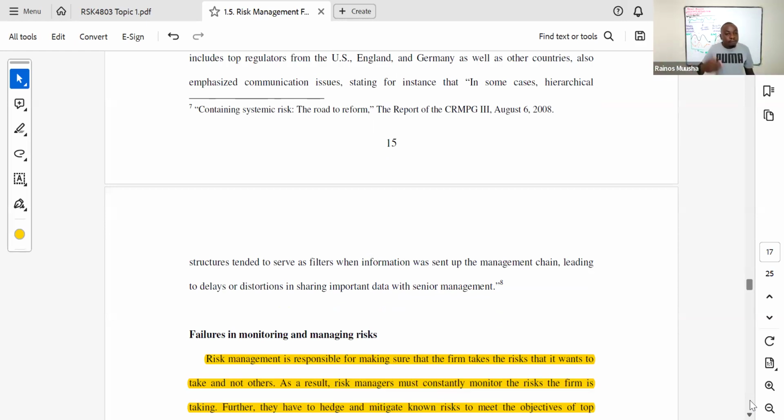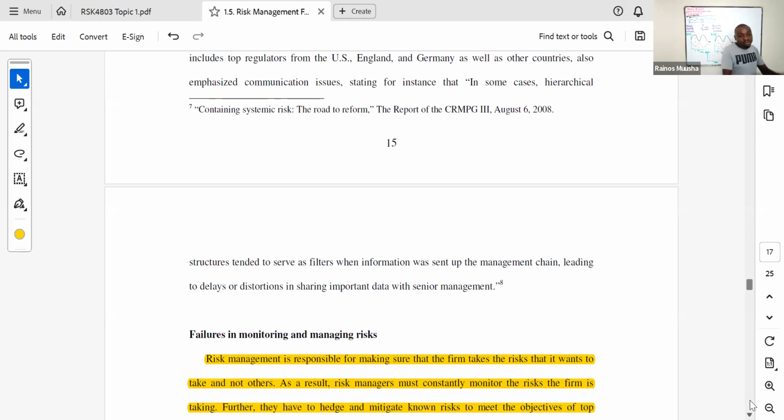So failure to properly communicate the risk exposures of the organization means the risk takers who are going to be deciding will be asking, based on the information that was provided to us, how do we now decide on the risk exposure that we are going to be taking? Remember we said the risk manager identifies the risk, then presents the risk exposures to the board.